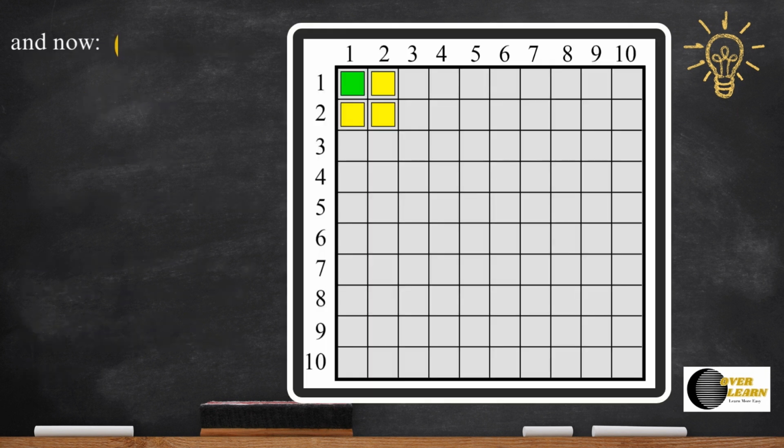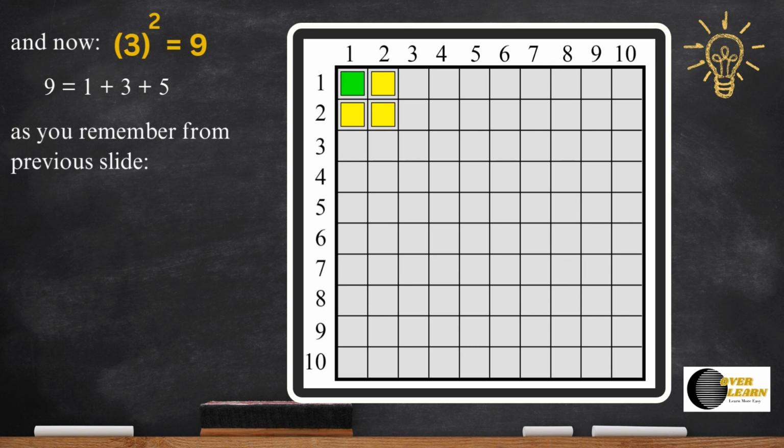And now, 3 power 2 is equal to 9. And 9 is equal to 1 plus 3 plus 5. As you remember from the previous slide, 2 power 2 was equal to 4 and 4 was equal to 1 plus 3.